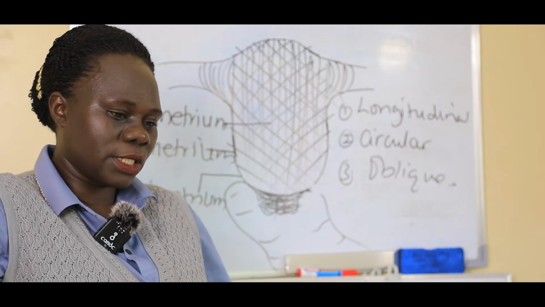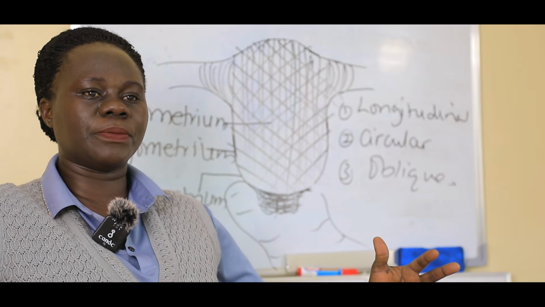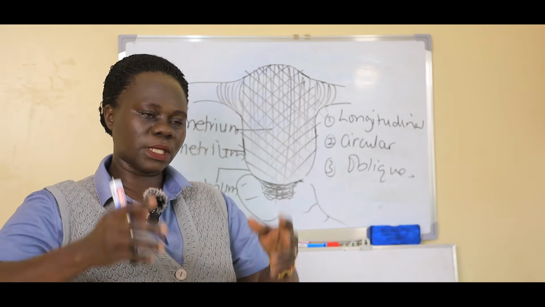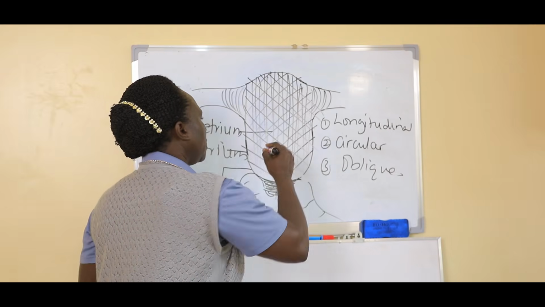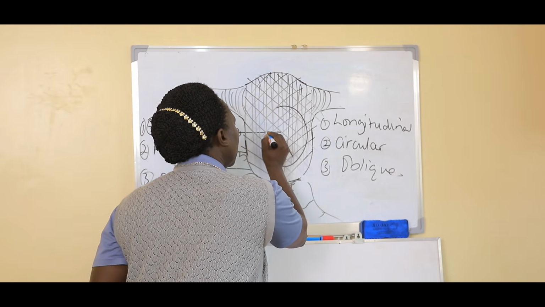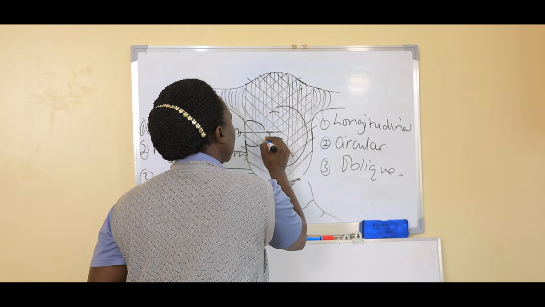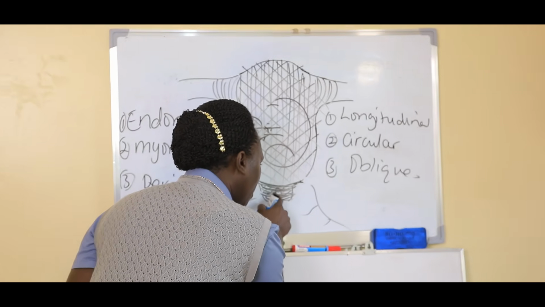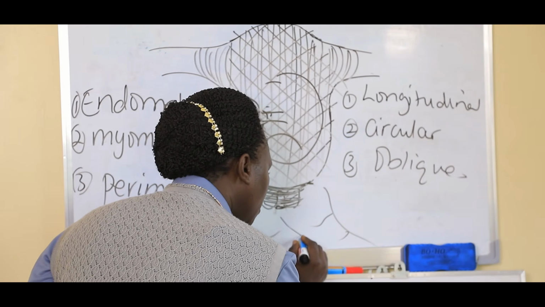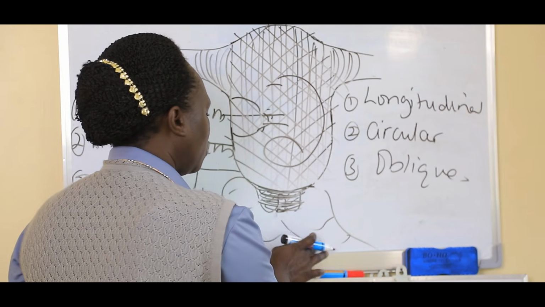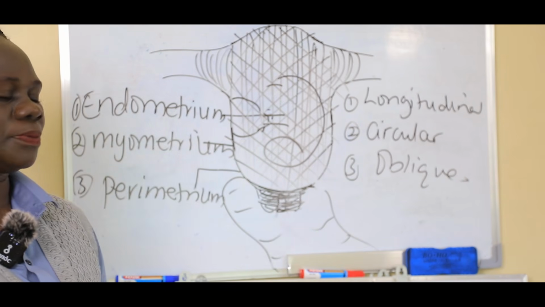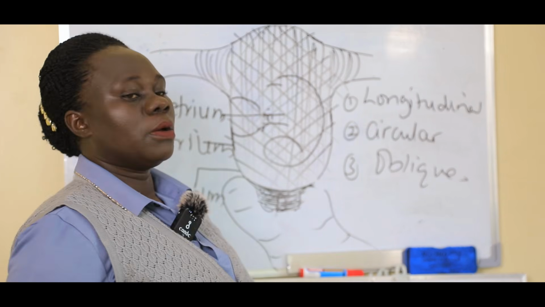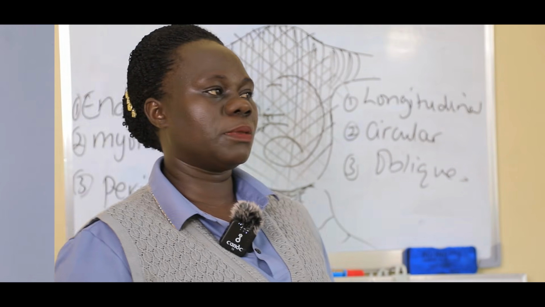Here they help the dilatation of the cervix, such that the fetus can pass, in case we had a fetus in here, and it was implanted here, and it is time for labor, and it has to descend. It must come out from here through the cervix, and then into the vagina, and then into what? It will come out. Those are the circular muscle fibers.